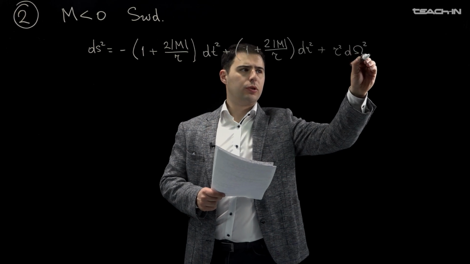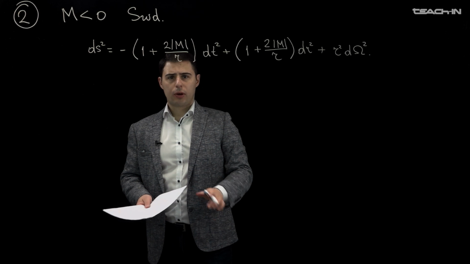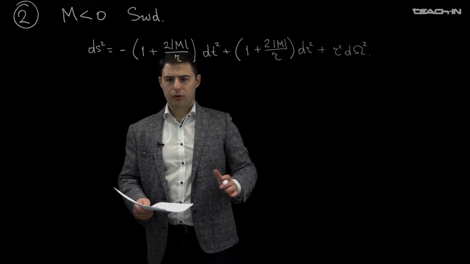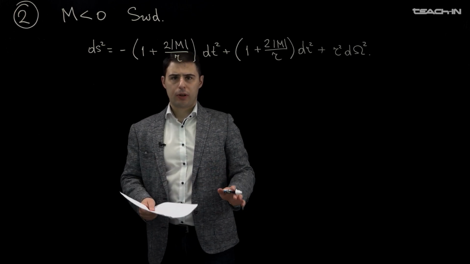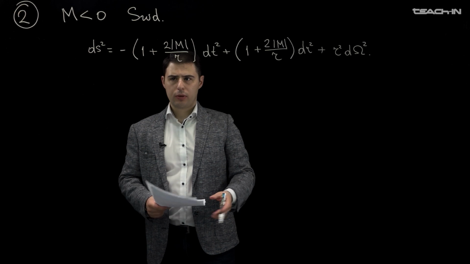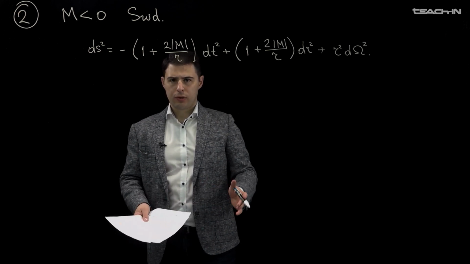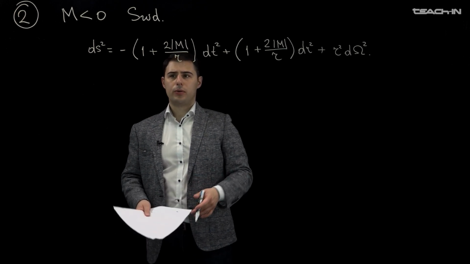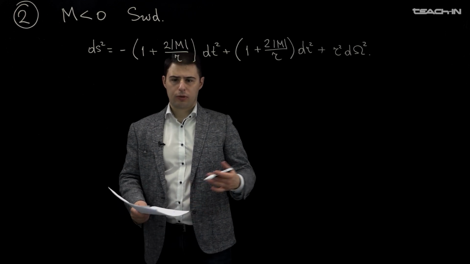So as you can notice, the horizon feature is absent because the metric is everywhere non-degenerate, except for the central singularity. The central singularity is still there. It's still present for r equals 0. And it is an essential singularity. The curvature scalars diverge. So, in other words, this is a naked or unprotected singularity.